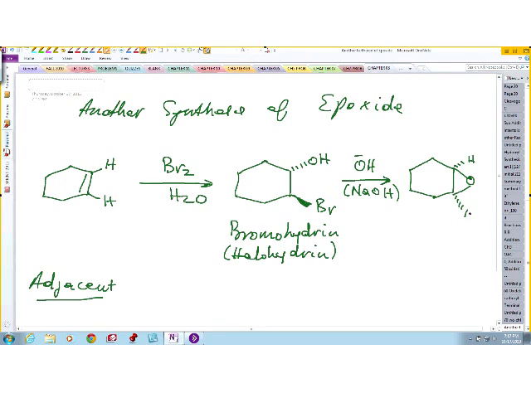So therefore, we have two ways of making epoxide. We could make epoxide from an alkene, either using m-chloroperbenzoic acid or using a combination of bromine water followed by hydroxide.